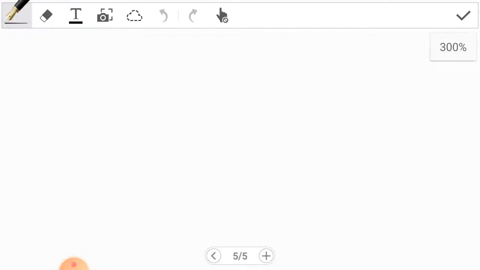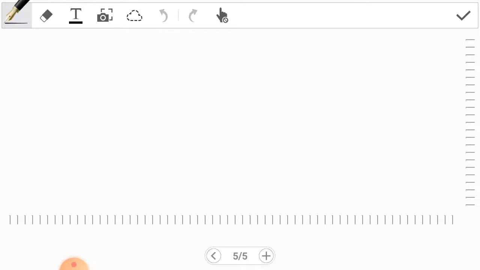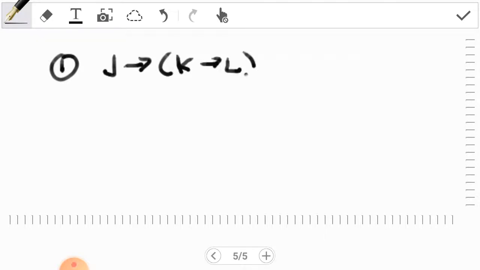Let's have a fourth example, and it is the example given in your module. Though the solution is already in your module, let's discuss this for you to be able to understand it better.